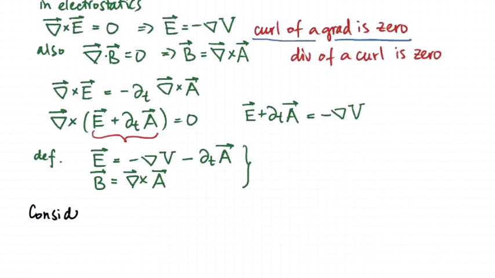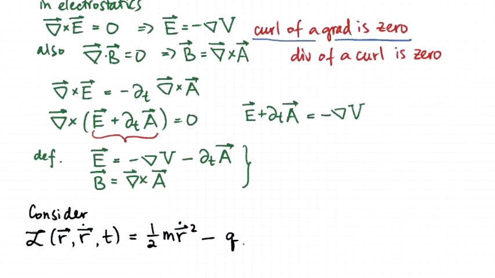Consider the following Lagrangian. So this is 3D, coordinate and velocity, and it will be defined as kinetic energy minus charge times potential.